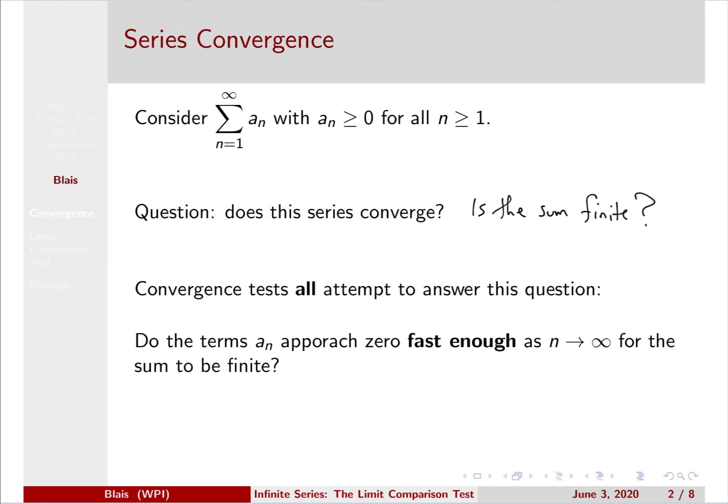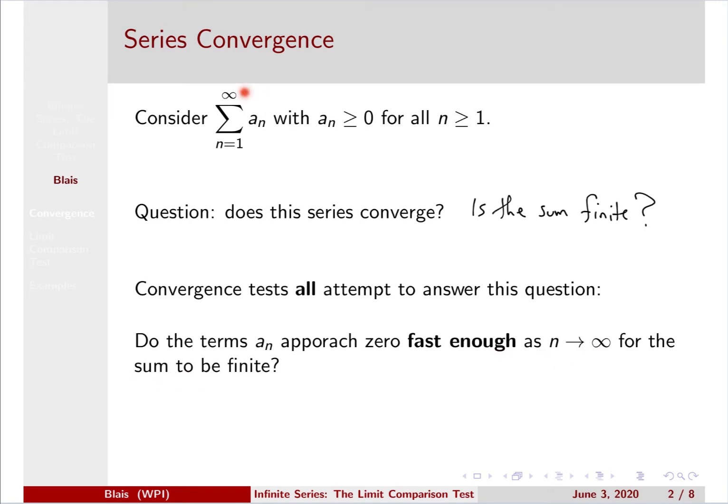And that boils down to the following question, and this is true for any convergence test. Every convergence test that we study is attempting to answer this question. And the question is, do the terms a sub n in your series approach 0 fast enough as n goes to infinity for the sum to be finite?